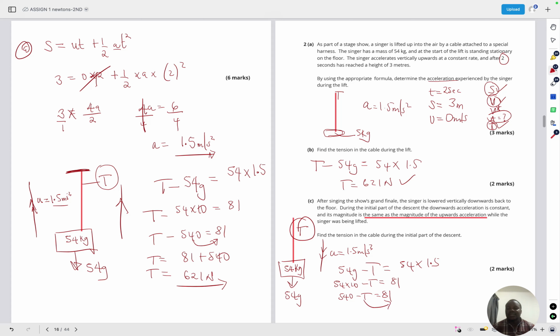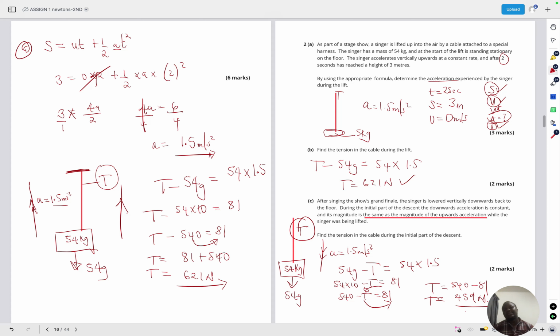We transpose the T and transpose the 81 to mean T is equal to 540 minus 81. When we do 540 minus 81, we get the tension in the string to be 459 newtons. So this is our solution here, 459.